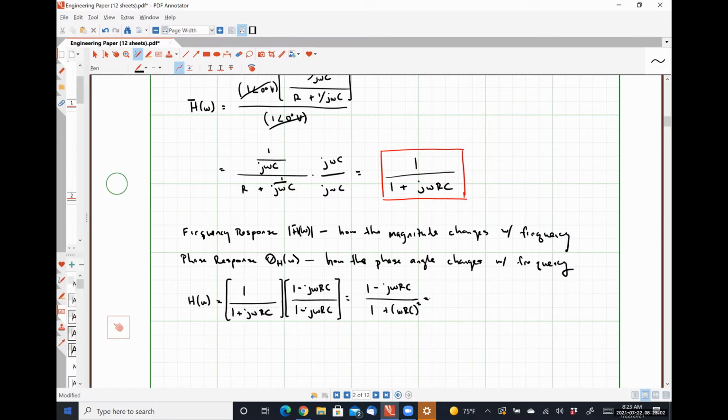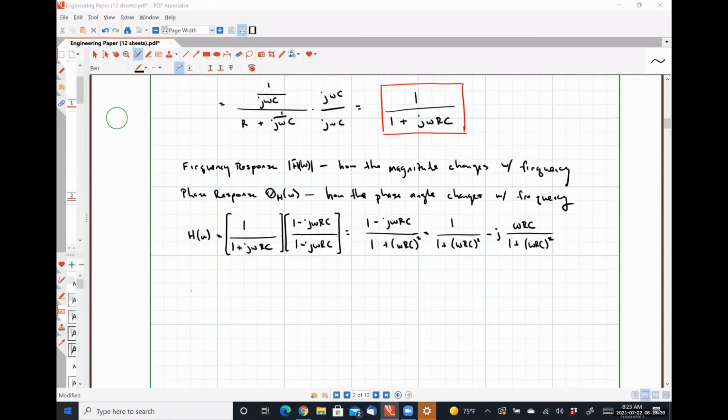And then I can break this up as 1 over 1 plus omega RC quantity squared, minus j omega RC over 1 plus omega RC quantity squared. So now I have an easily discernible real and imaginary part of my transfer function.